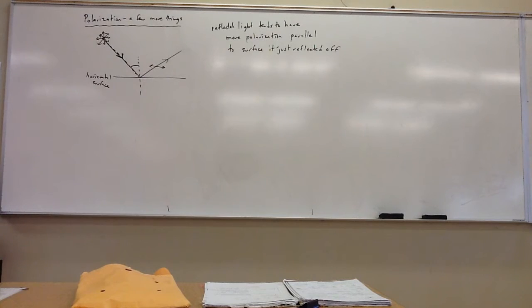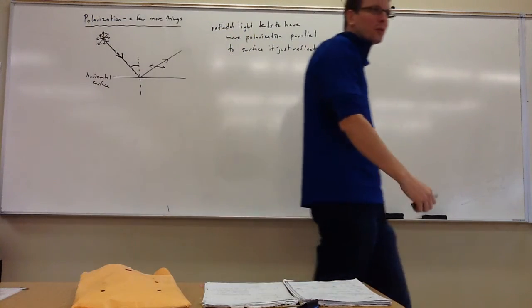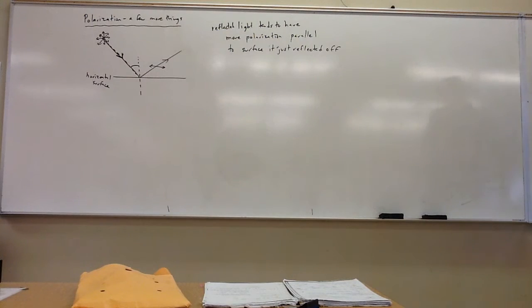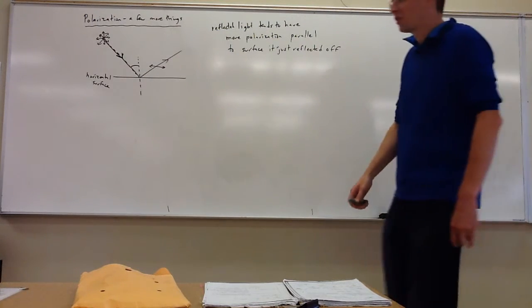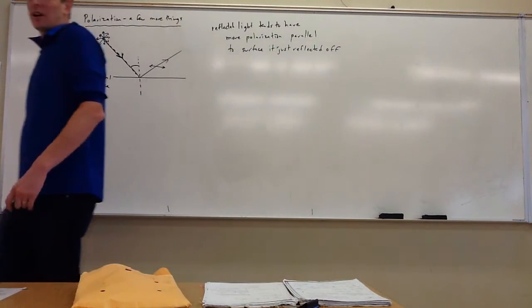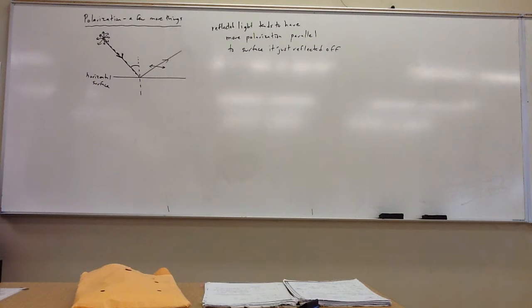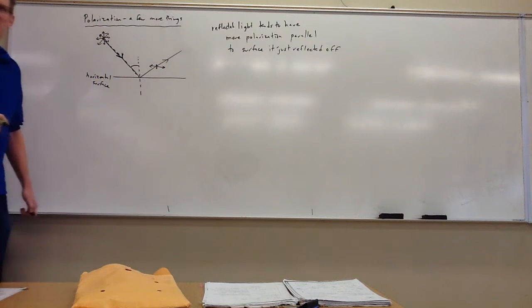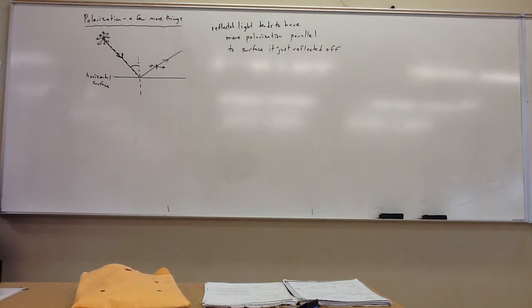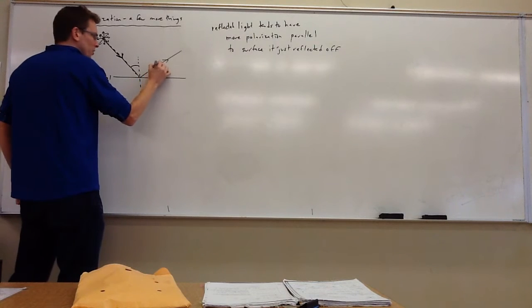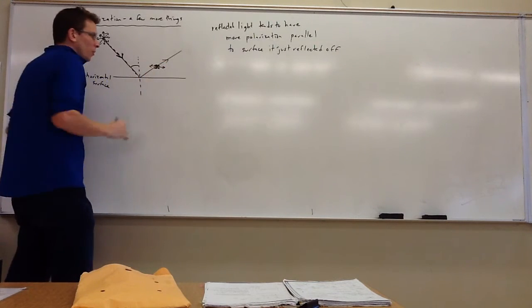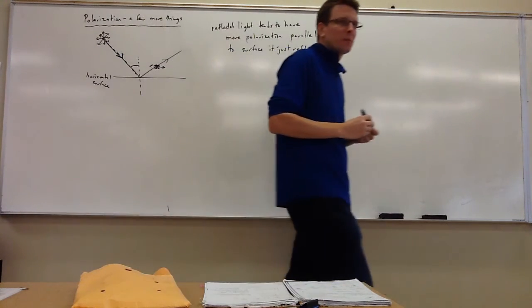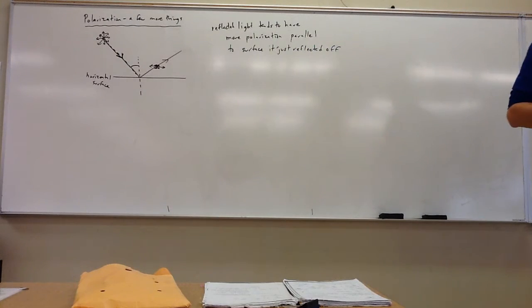Okay, so if you bounce light off a horizontal surface, you'll get more horizontal polarization. If you bounce light off a vertical surface, you'll get more vertical polarization. And that's not to say that the other polarizations aren't there, but they're generally much less represented. So there might be a little vertical polarization, and some diagonal polarization. But what is most represented is horizontal polarization because it bounced off a horizontal surface.